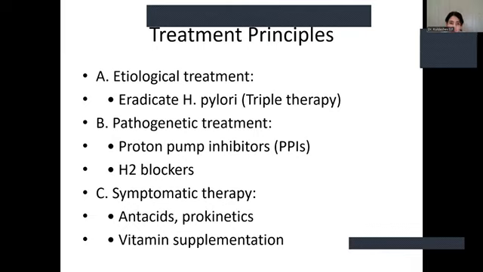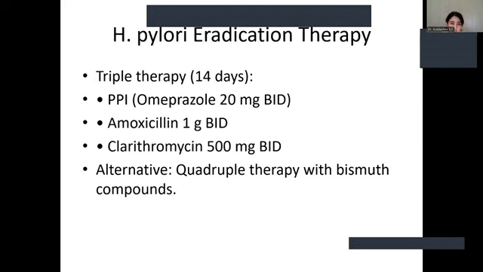Treatment principles: etiological treatment, eradication of H. pylori; pathogenetic treatment; and symptomatic therapy. H. pylori eradication therapy contains triple therapy.